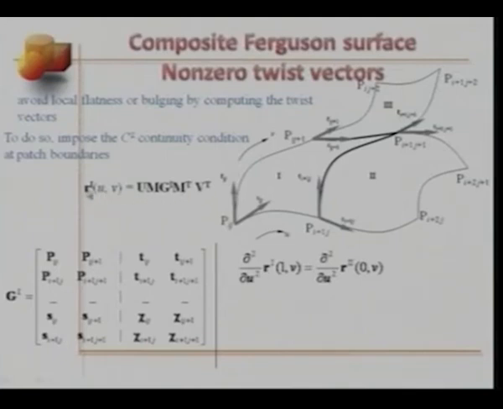For patch 1, we use the geometric matrix G1. For patch 2, we use G super 2. Let me skip all the math and give you a set of final results.